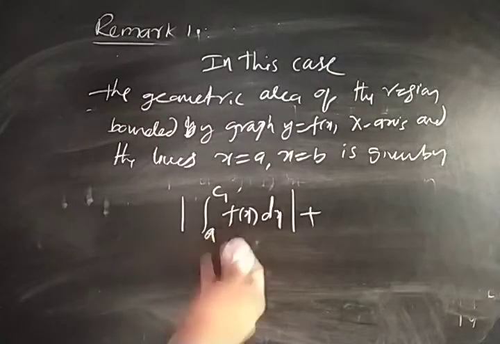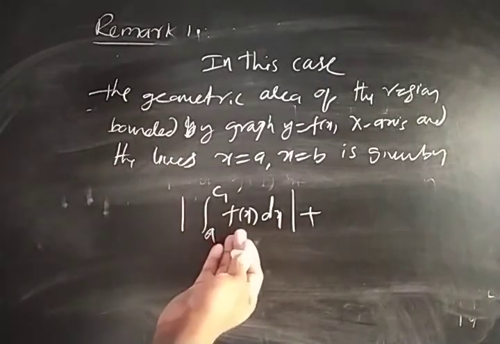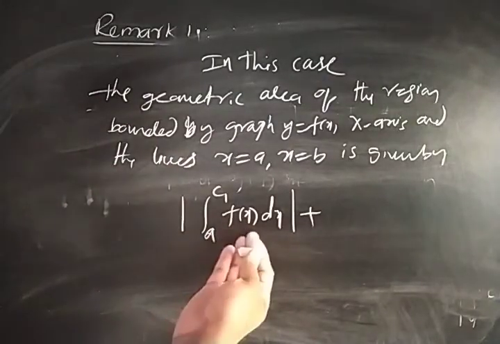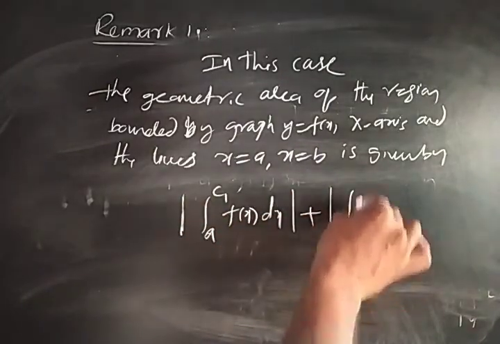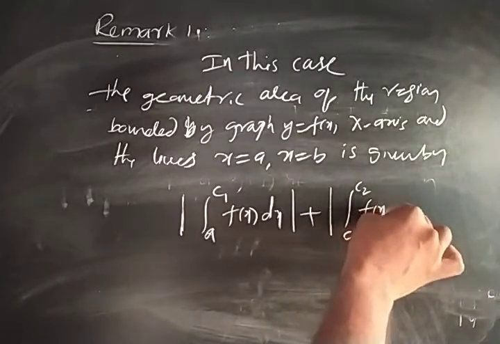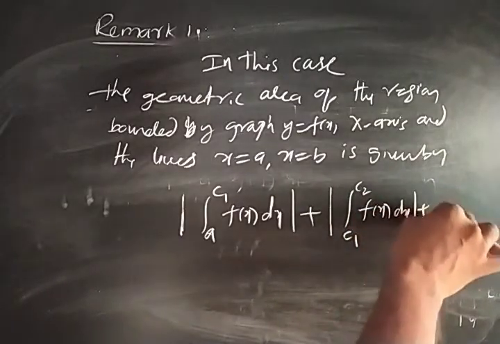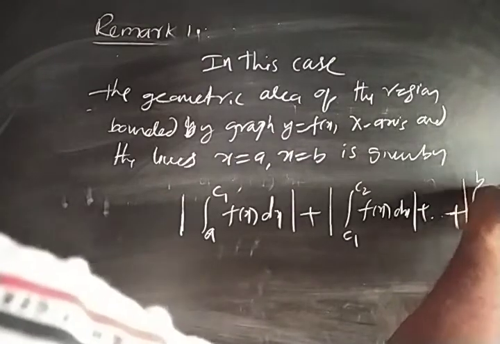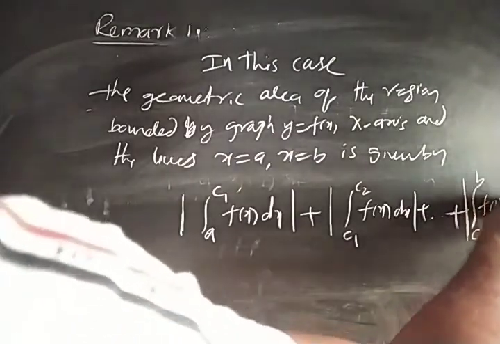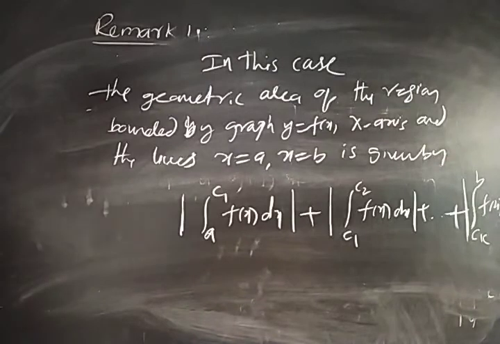If f of x is negative, we make it positive by putting mod. So for every subinterval we put mod, plus so on, up to the integral from ck to b of f of x dx. This will give the area bounded by the curves.